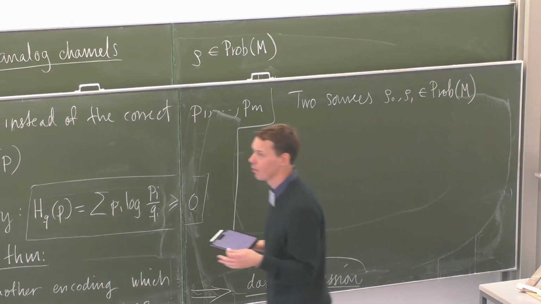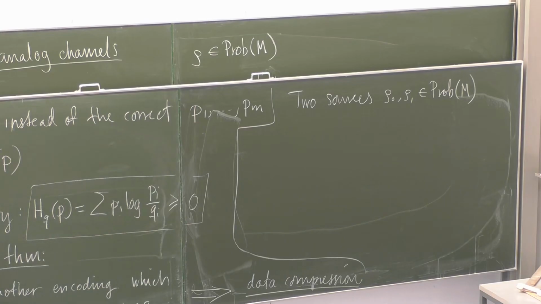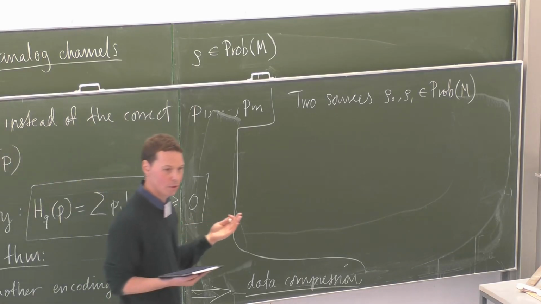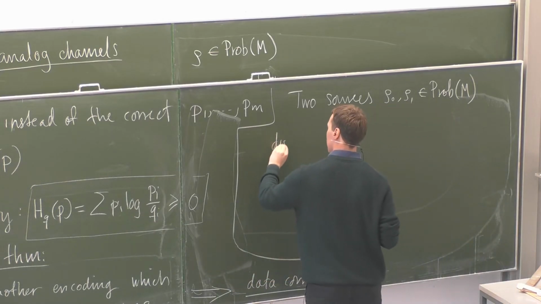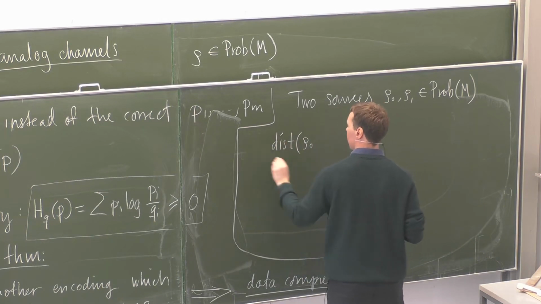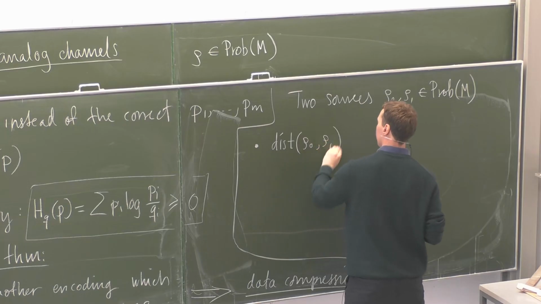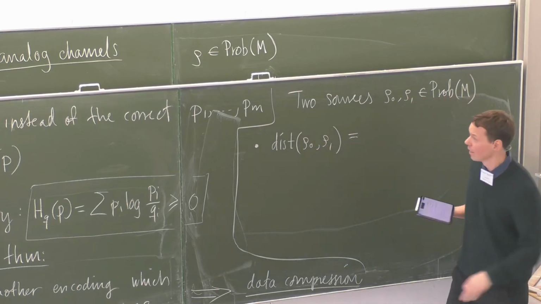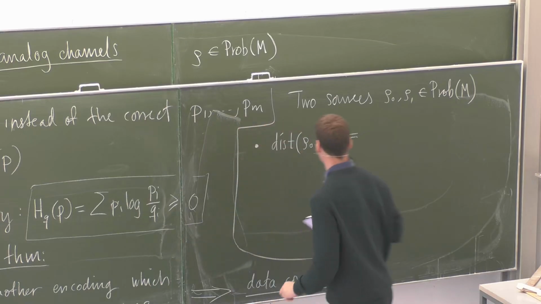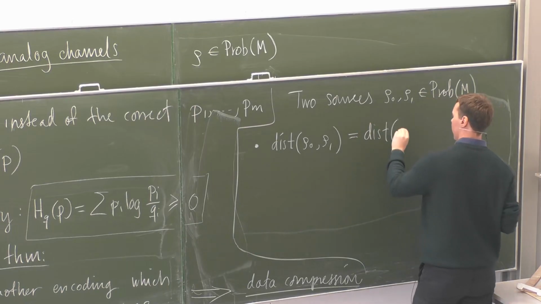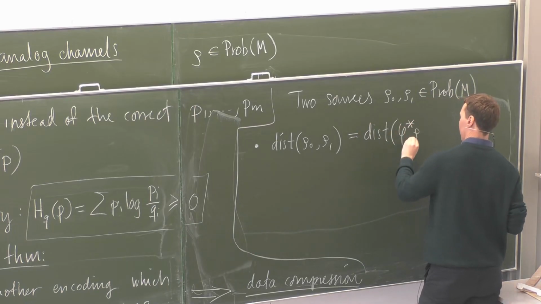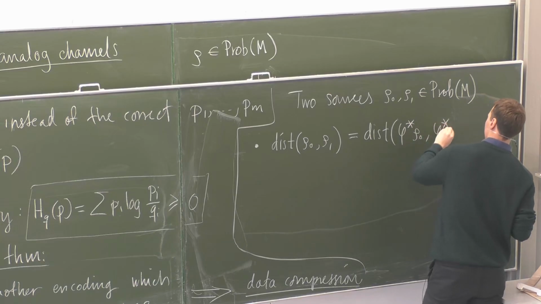This is the source, and it has something to do with the information that I want to convey, so it should not depend on how I encode the information. So I want to define the distance between rho naught and rho 1 so that it's independent of encoding. Coming back to diffeomorphisms, it should have this invariance: if I apply some diffeomorphism to both of them, so I change the encoding, then I should get the same thing.